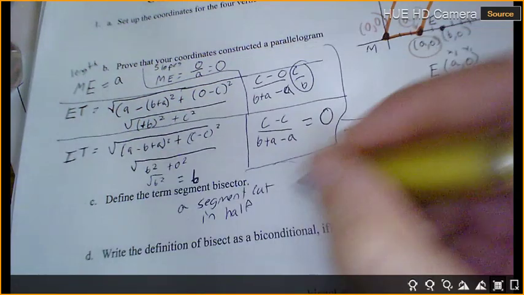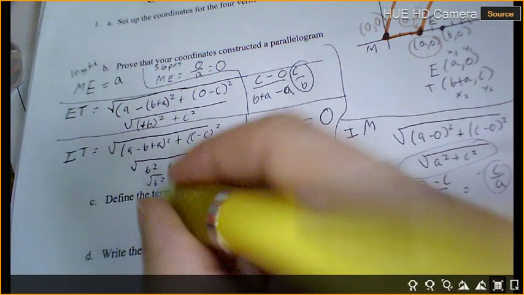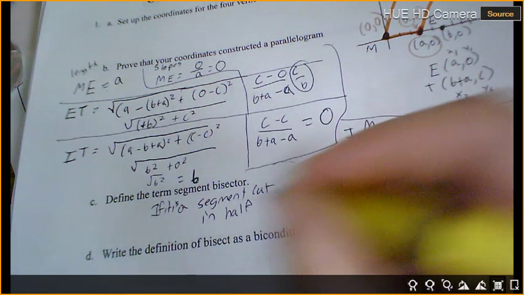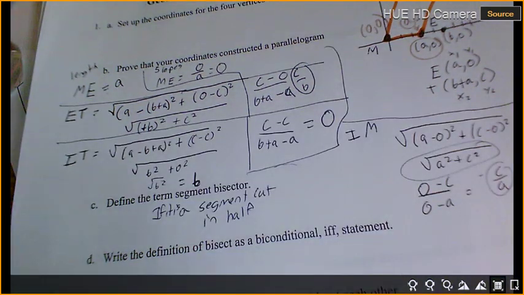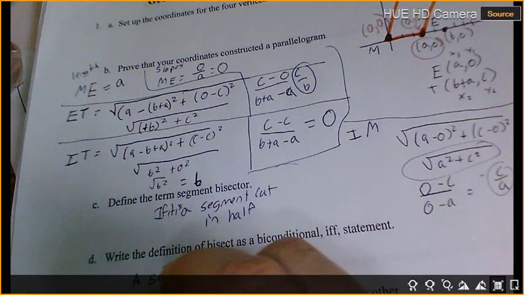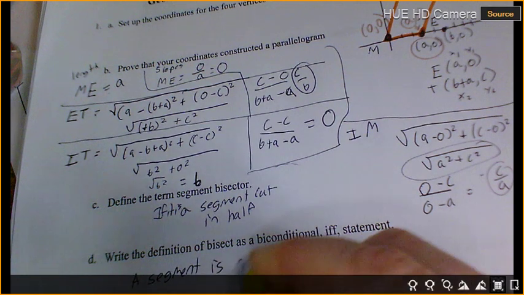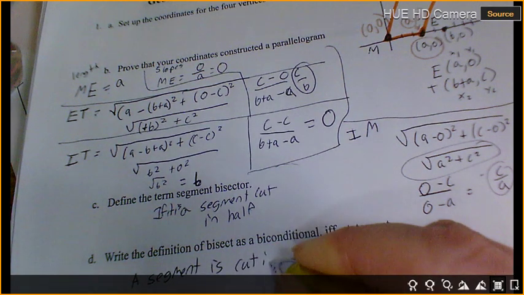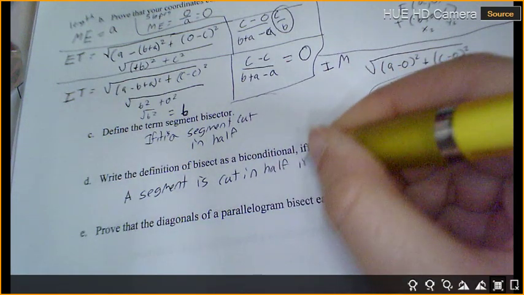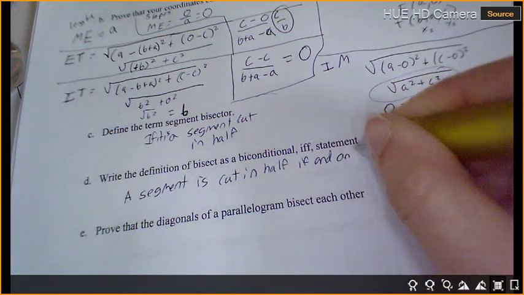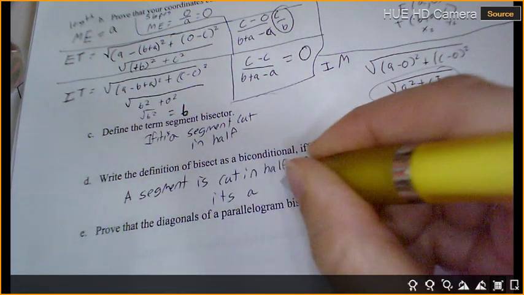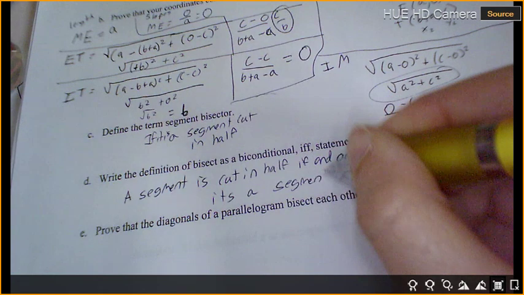If it is a segment bisector, then it's a segment cut in half. So the biconditional would be: a segment is cut in half if and only if it's a segment bisector.